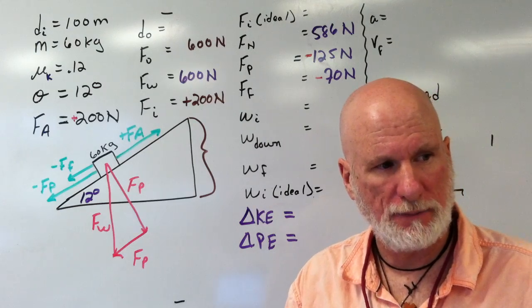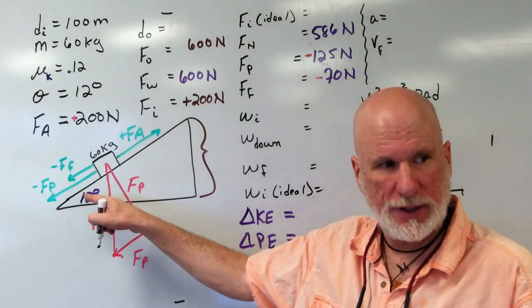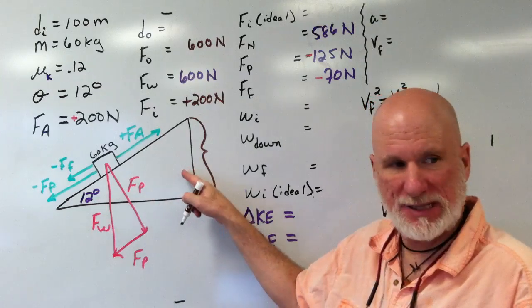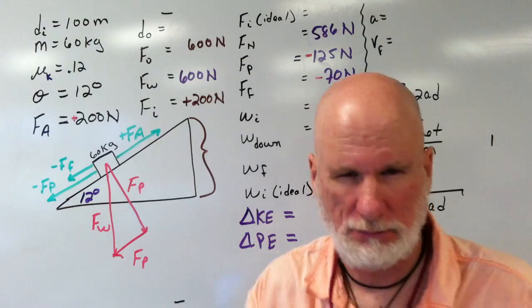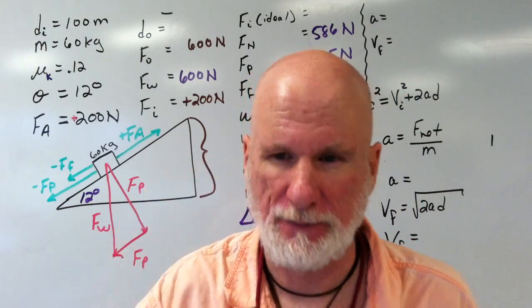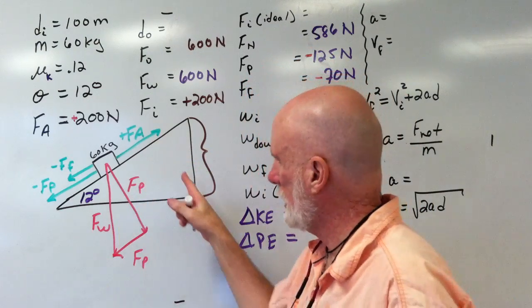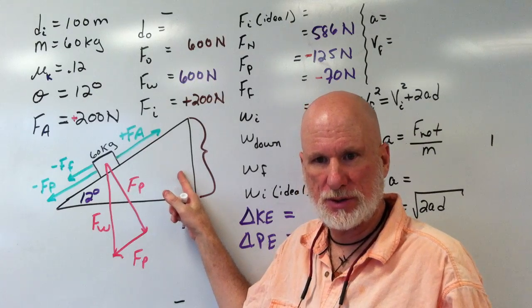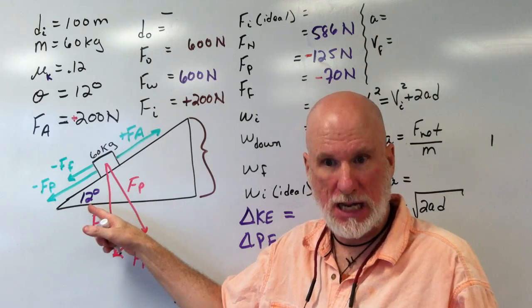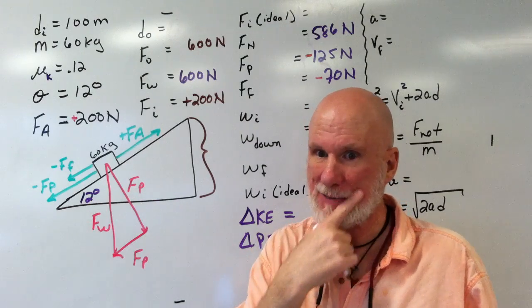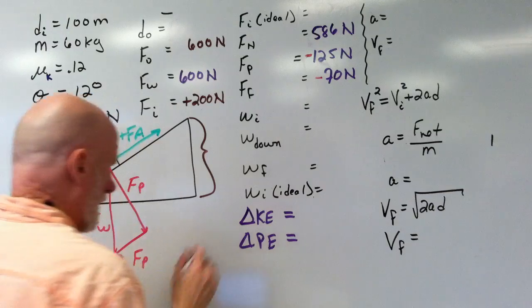Use trig. Isn't this 12 degrees? Isn't that opposite? Isn't that hypotenuse? So think back, is it going to be opposite equals hypotenuse times sine 12?